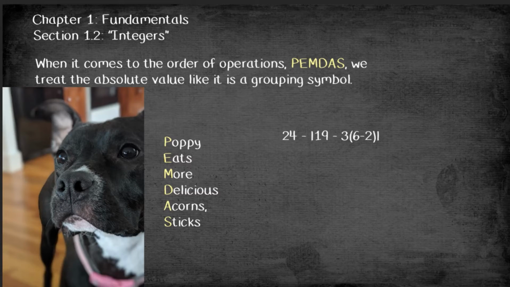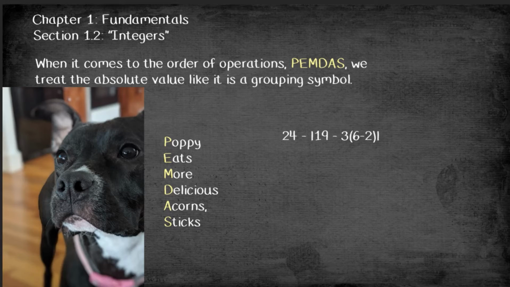So an example here would be 24 minus the absolute value of 19 minus 3 times the difference of 6 and 2. So remember, according to PEMDAS, that we simply just do any of the grouping symbols first.